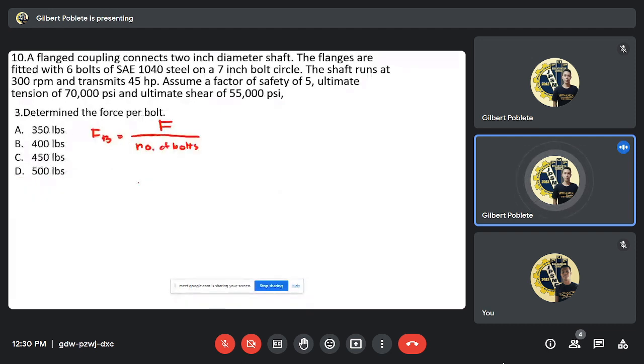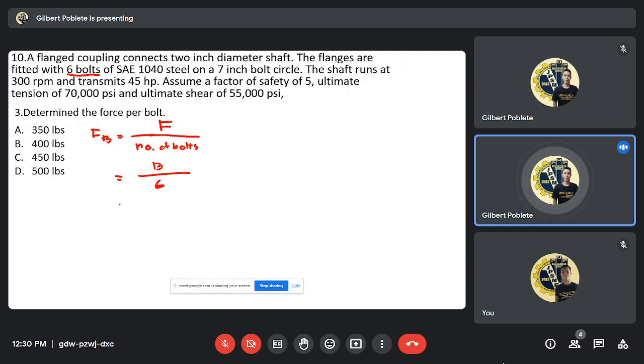So meron tayong force B over the number of bolts na 6. So B over 6.